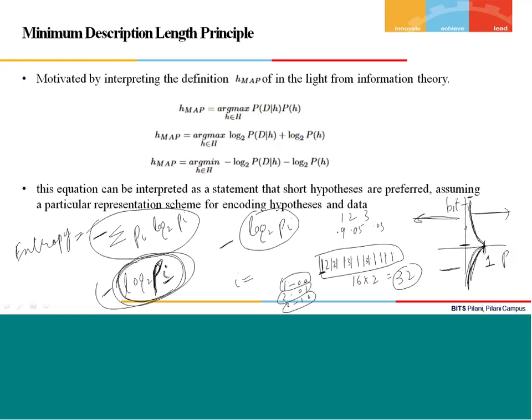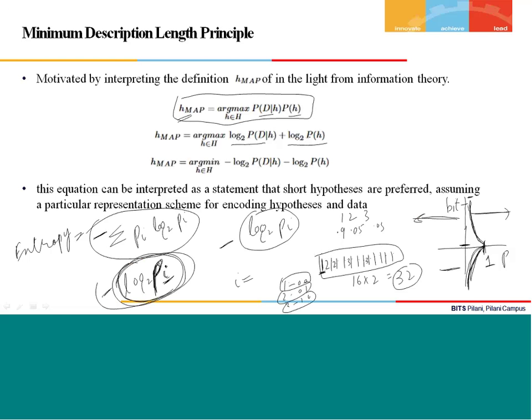Now come to this expression, where you know how to represent h_MAP. You know this, right? I don't have to repeat how you arrive at h_MAP. This is the prior probability, this is the likelihood, and that is the product. You are ignoring P(D) in it. You want to maximize this expression to find the hypothesis that maximizes it. It is the same when you take the log of it; this is the expression you get.